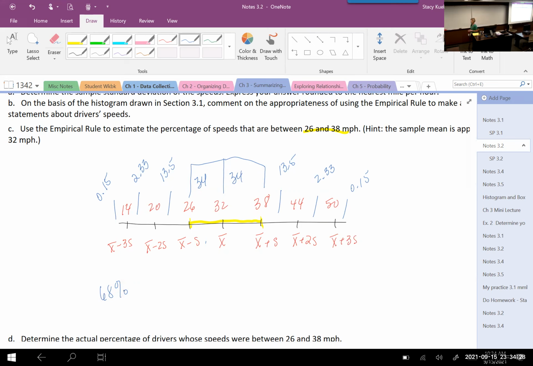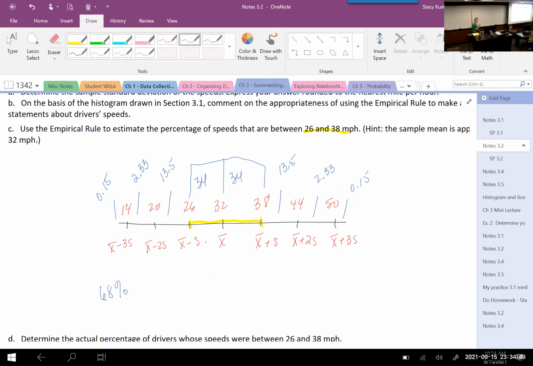Okay, that's an estimate. Now I can actually go to the data set if I wanted to, and I could count up the number of speeds that actually occurred between 26 and 38, right? And I can find the percent of speeds that actually occurred in the data set. And I'm going to be very, very close.